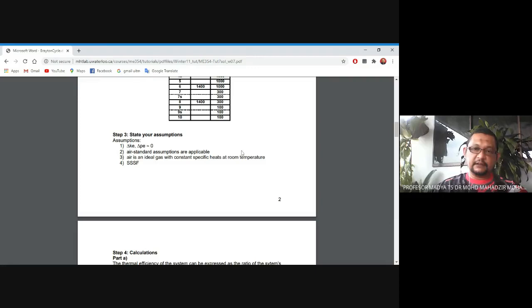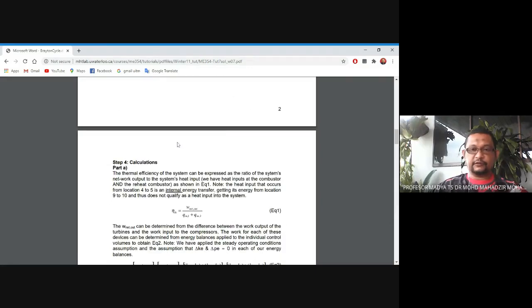So what it means is you have to take the values of Cp and Cv for air at room temperature. Lastly, you have to assume the formula that you want to use is SSSF, that means steady state flow energy equations. Not non-flow. This is the steady flow energy equation.